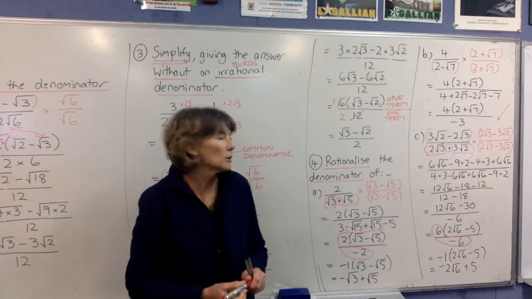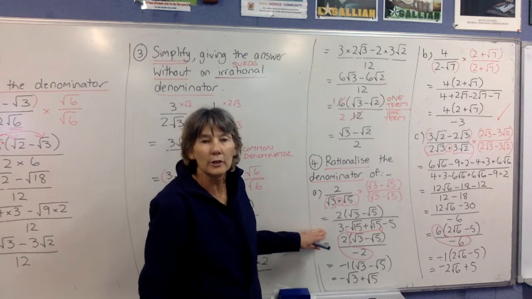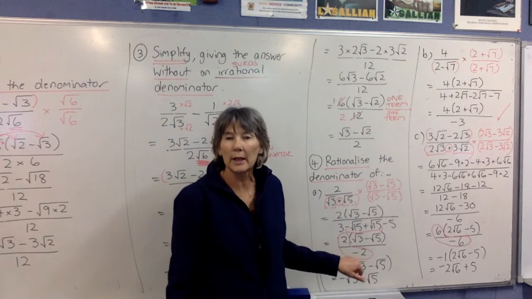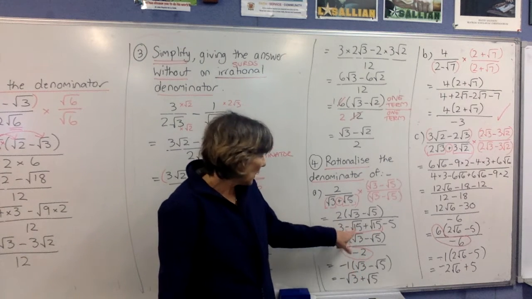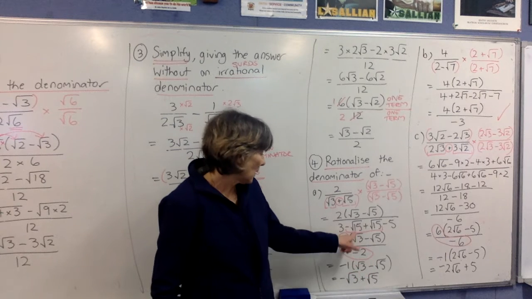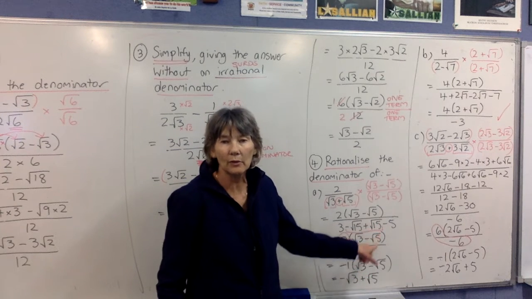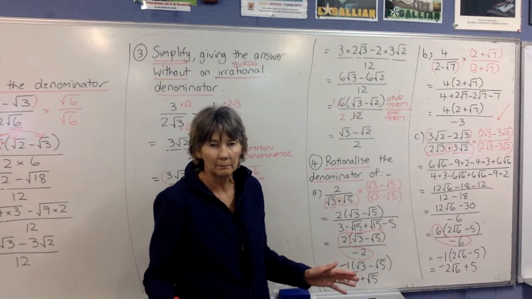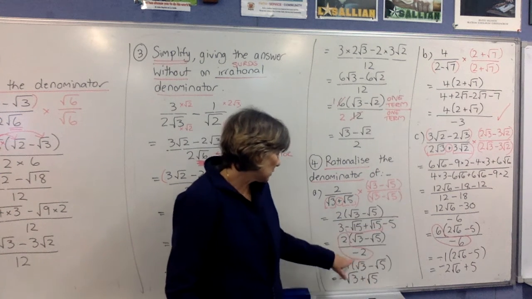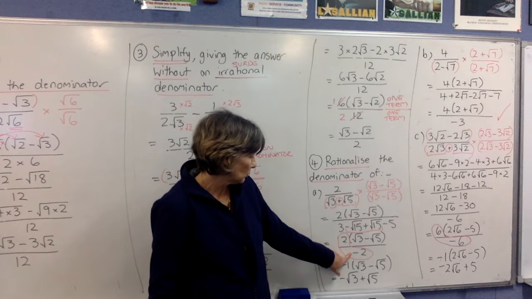They should be gone, because the whole idea of rationalising the denominator is that we have no surds. So we certainly don't want these surds hanging around in the middle here. They will eliminate each other and become a 0. So minus root 15 plus root 15, nothing. Okay, so that leaves us with 3 minus 5, which collects to give minus 2.